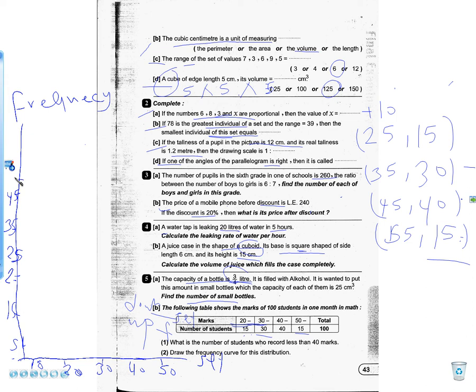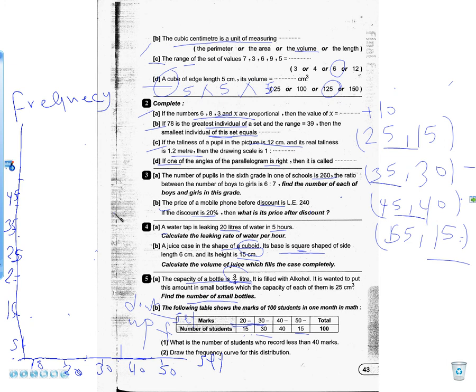So we start with the first two, 25 and 15. 25 is over here and 15 is over here. Then we move to the other one, 35 and 30. Then 45 and 40.